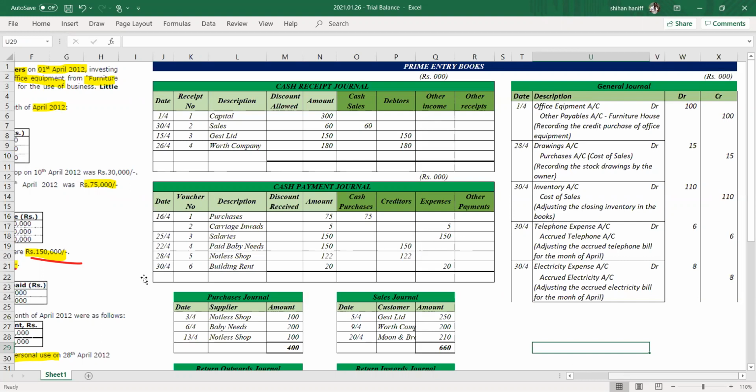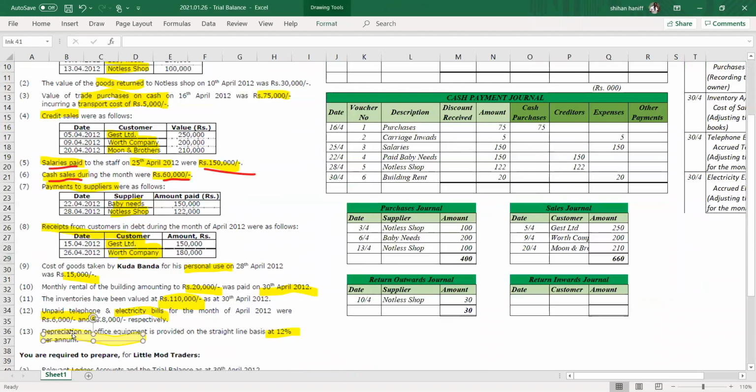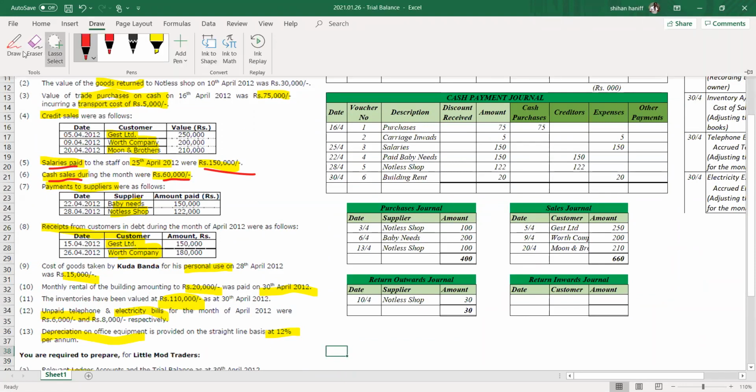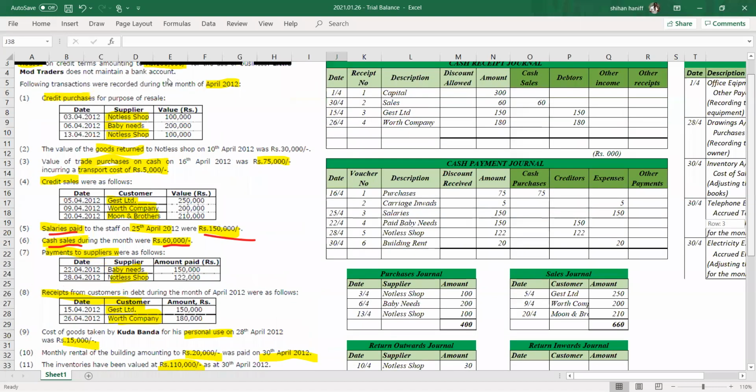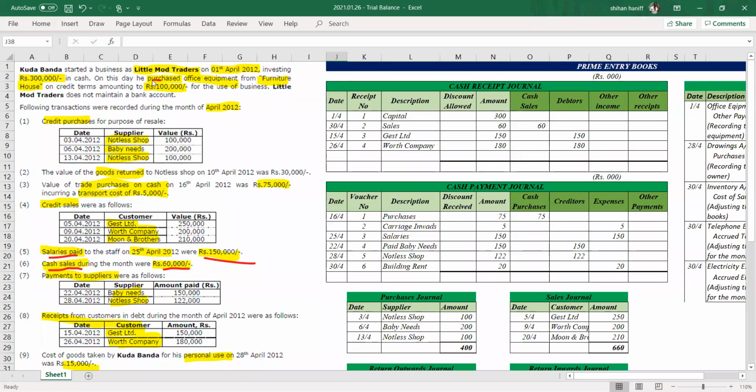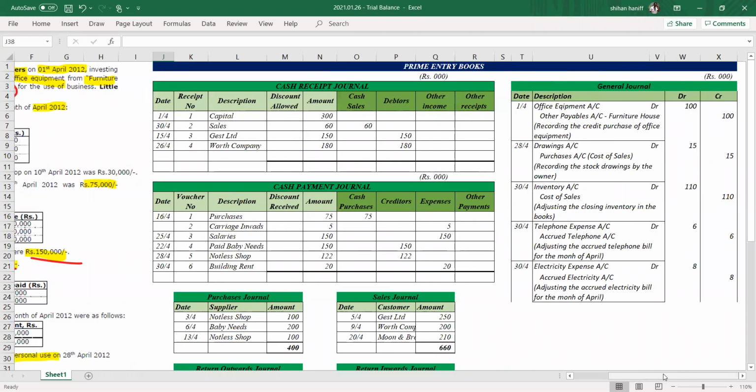Then finally we have depreciation on office equipment provided at 12% per annum. Depreciation 12% office equipment. Right, so there was an office equipment which is purchased at the beginning, 100,000. The credit purchase of office equipment was there, 100,000.